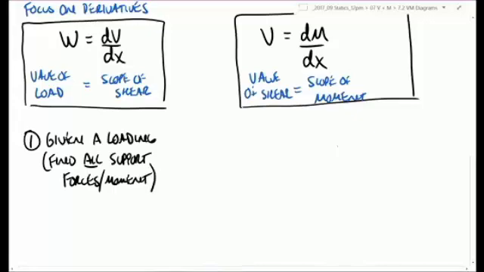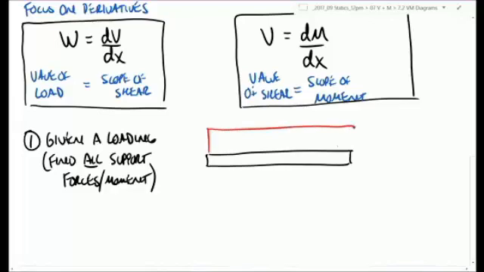We don't have any room for unknown supports. We need to know what all of those are because, like I said, we're functionally going to find an entire distribution of all of the shear, an entire distribution of all the moment. And so I'm going to have 3 columns total here. My middle column is going to be the graphical representation. And so if I have a uniform distributed load, let's say that's going down.